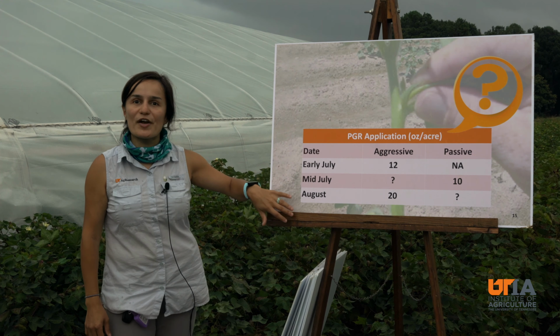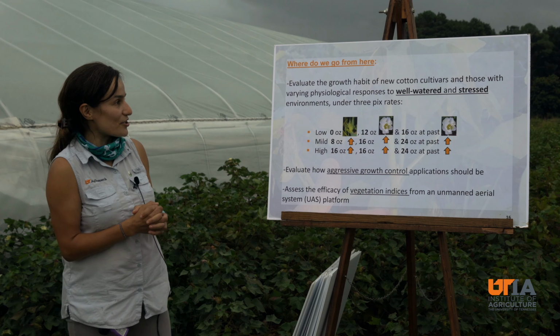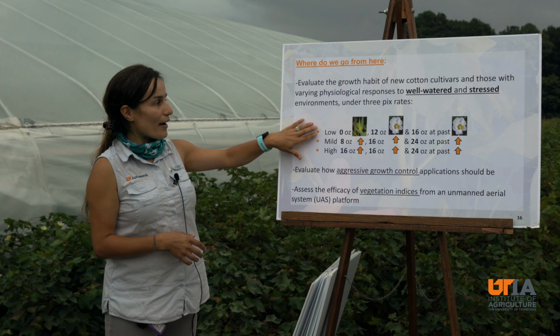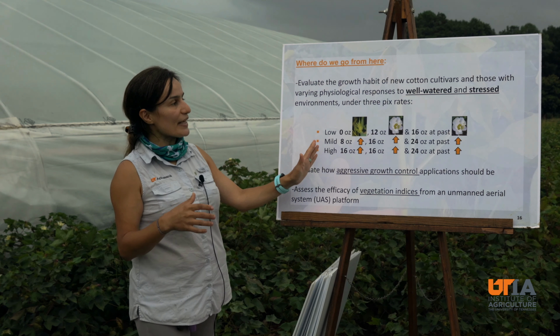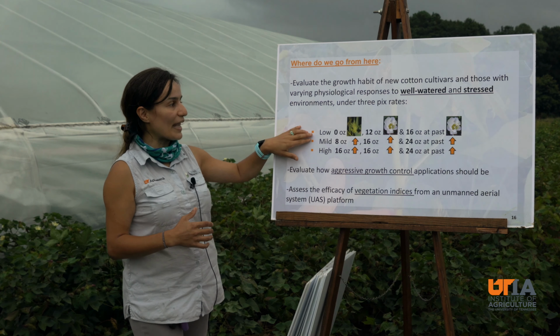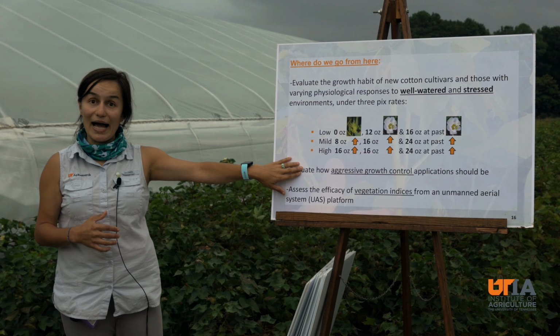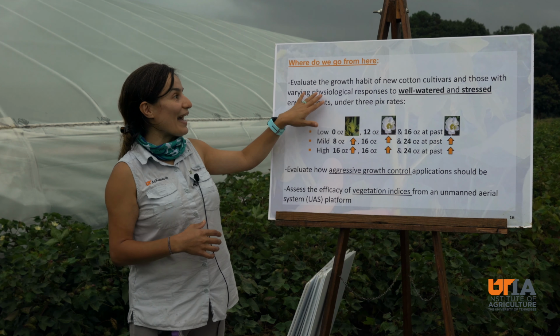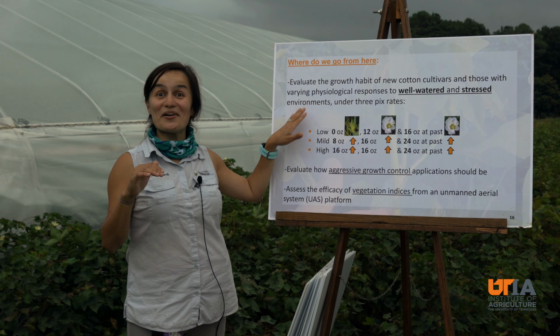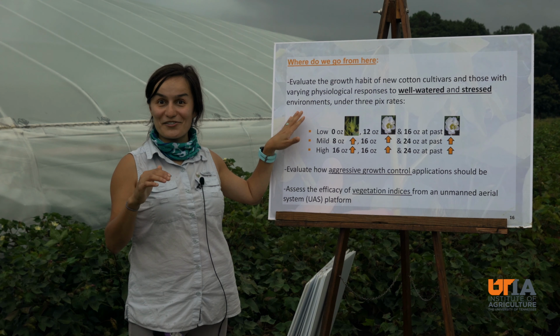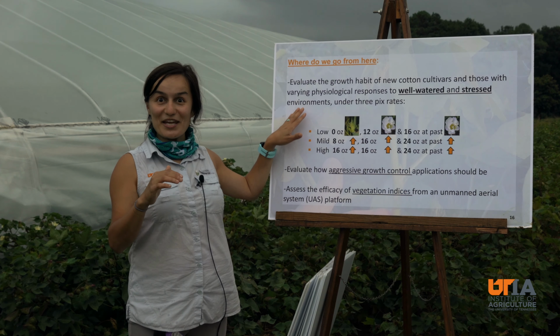We're gonna consider our main goal is to have the environment that we have stress, and then the environment that we manage water. So we'll have well-watered conditions versus rain-fed conditions, and then we're gonna try to apply Pix at different rates: low, mild, and high. And we have different cultivars, for which we already have access to their physiological parameters and information.